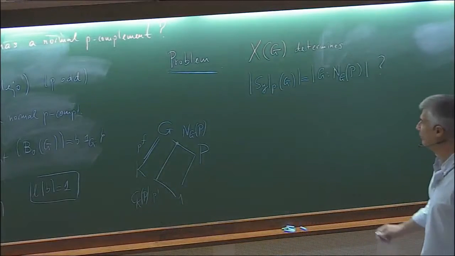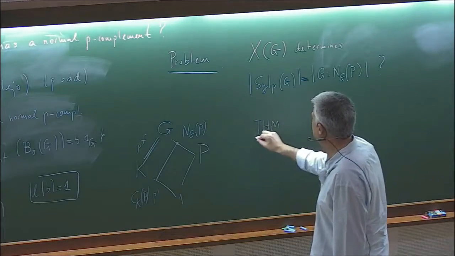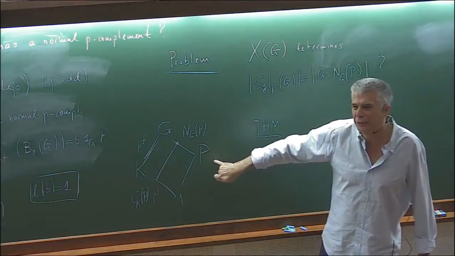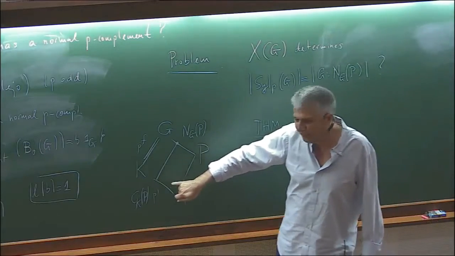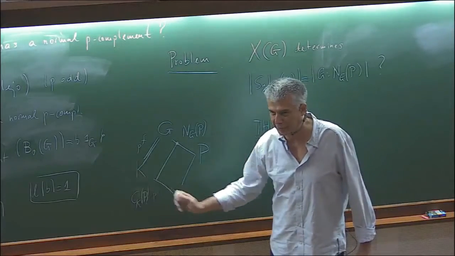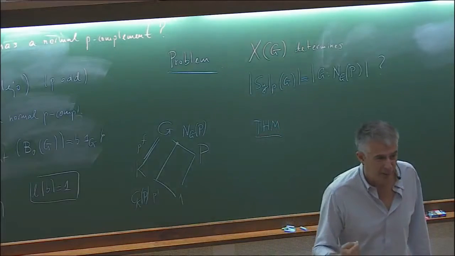We were lucky, very lucky, to find this theorem. If you think on this for a while, you realize, for instance, that if P is C2 cross C2, then there is a famous formula by Richard Brauer that tells you the size of the fixed points in terms of the number of involutions. And we wanted something similar.